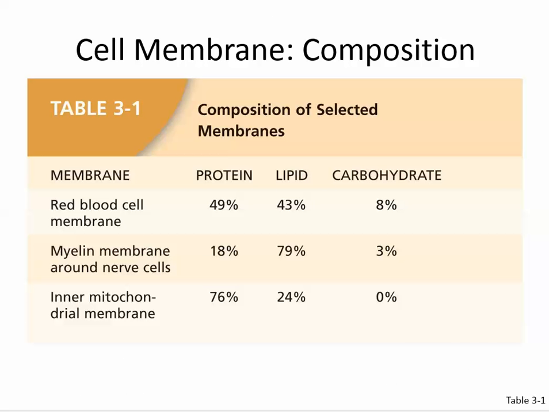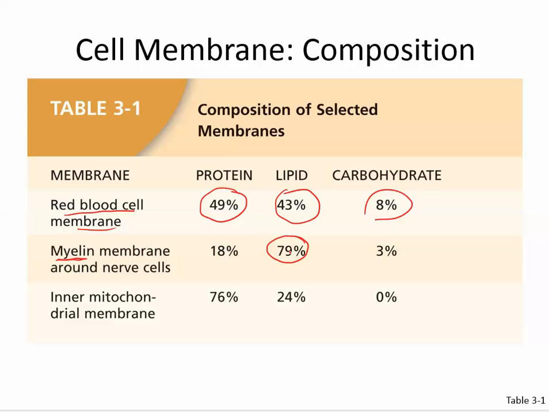But it's different for every cell, right? Different cells are doing different things. For instance, here's the red blood cell membrane, which is about half and half proteins and lipids with some carbohydrates. If you look at something we're going to talk about later called myelin, myelin is almost all lipids.